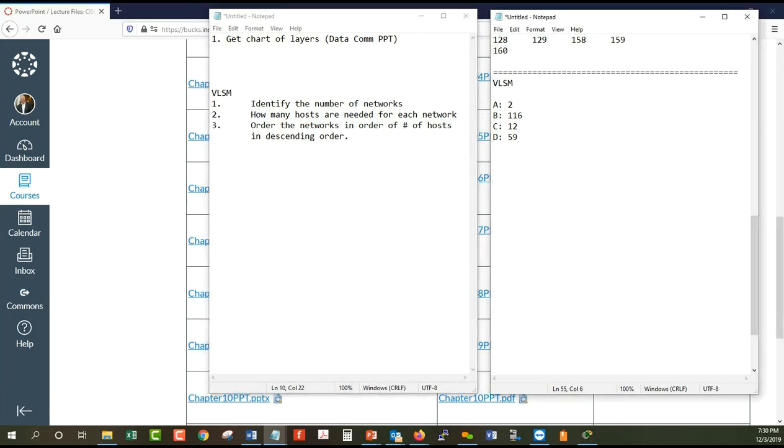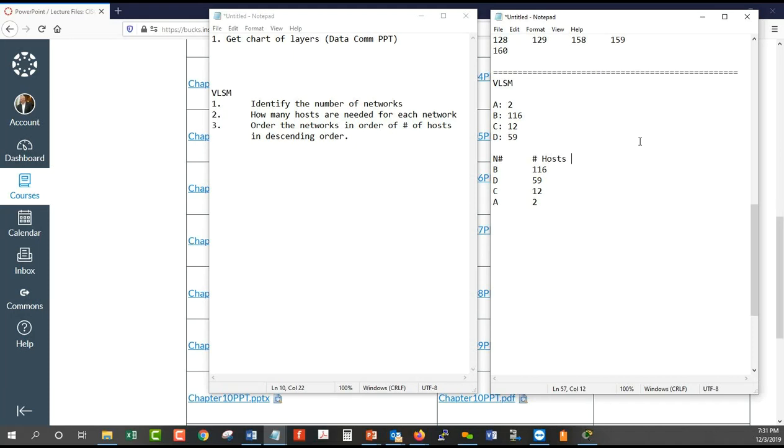So if that's the case, the largest one is going first. Okay, so that's actually going to be network B, and it has 116. Next is going to be D, and it has 59. Then C, that has 12. And then finally, we've got A, and that has 2. So that's the network number, if you will. This is the number of hosts.